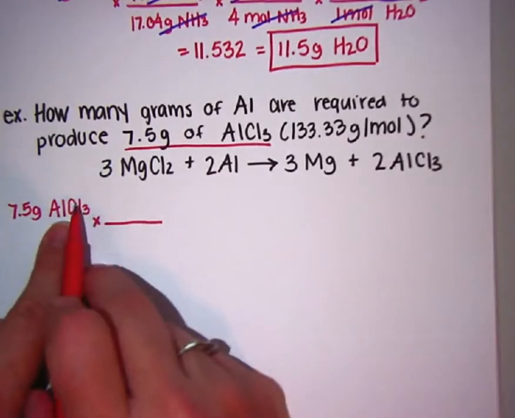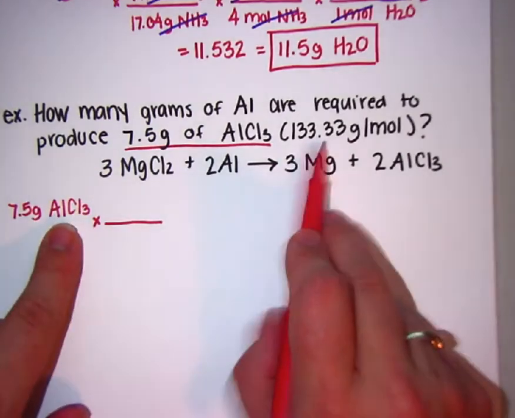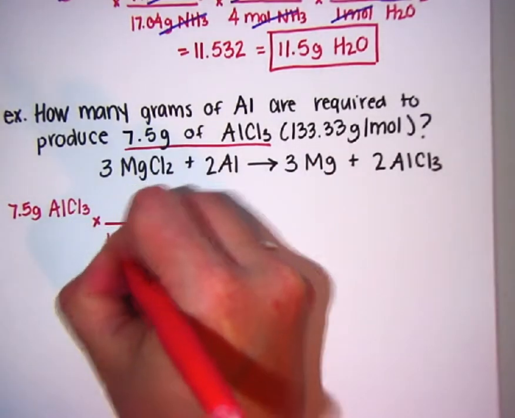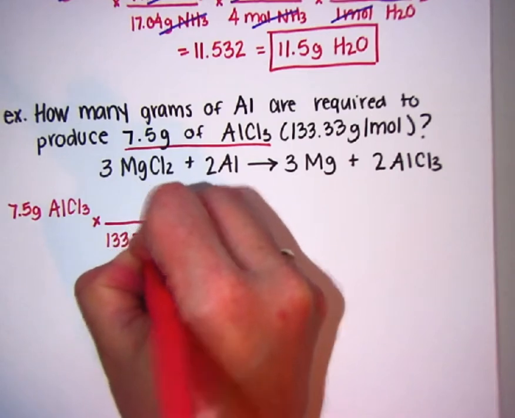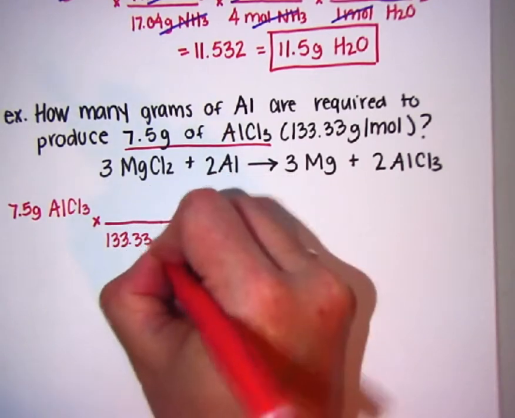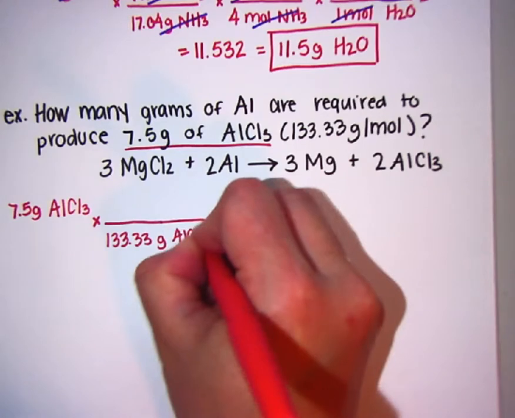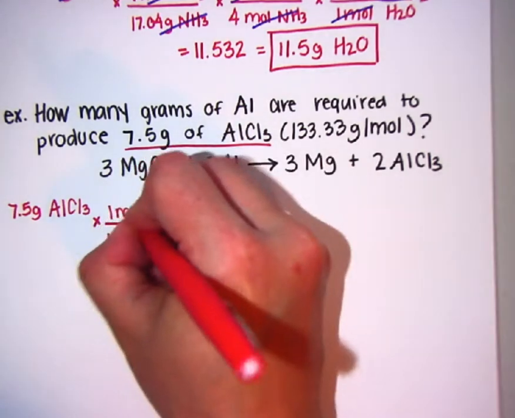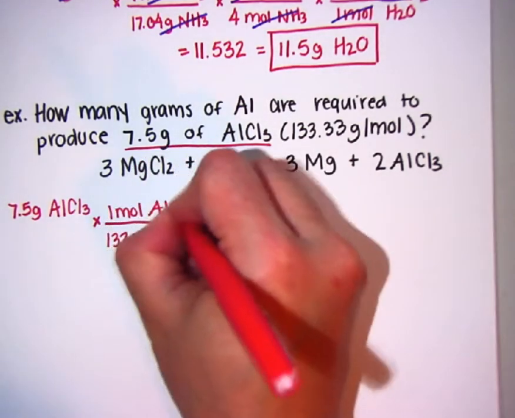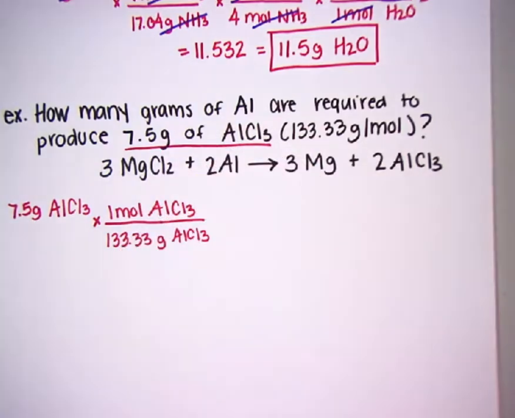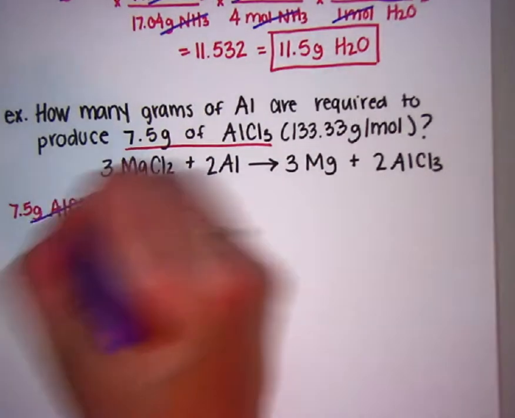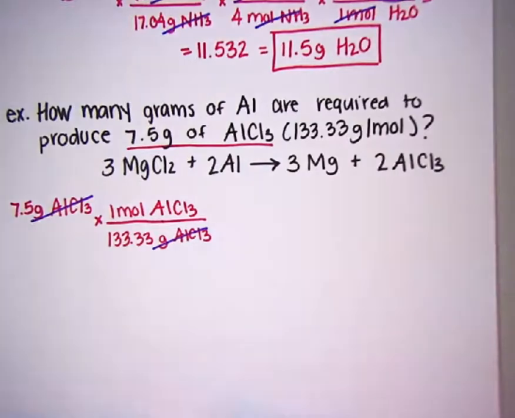I'm starting with grams of aluminum chloride, so I'm going to use the molar mass of aluminum chloride. Always setting it up so our units cancel.